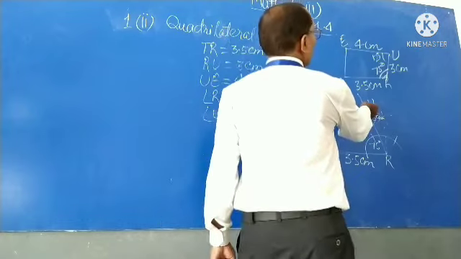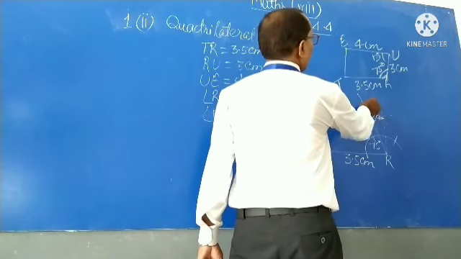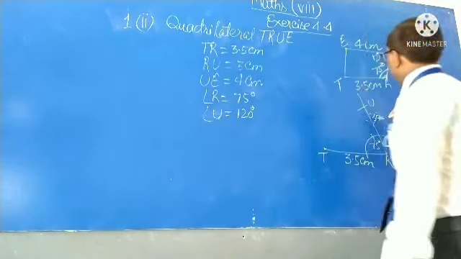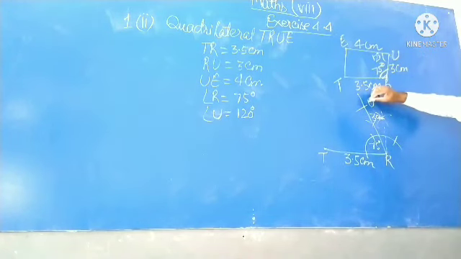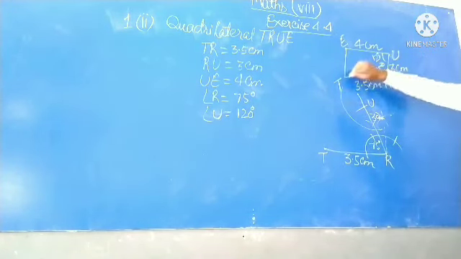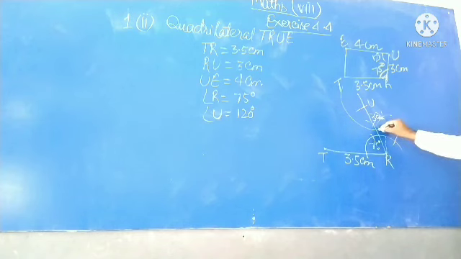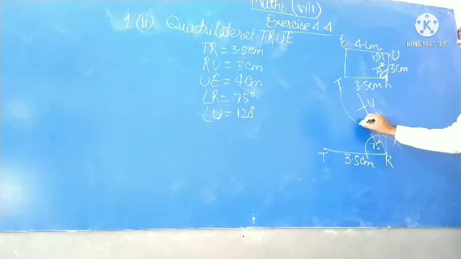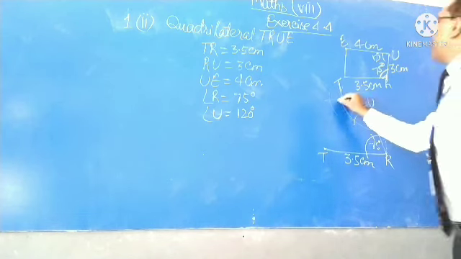Then to draw 120 degree angle at point U, you take compass and draw an arc with center U like this, and you put your sharp edge at this intersection point and cut an arc from this previous arc, first and second.